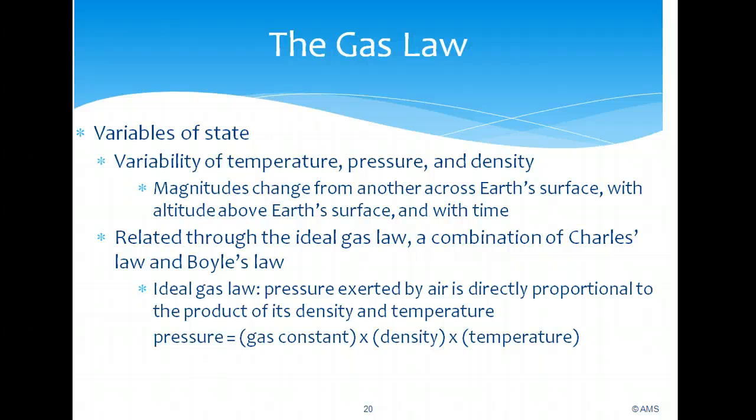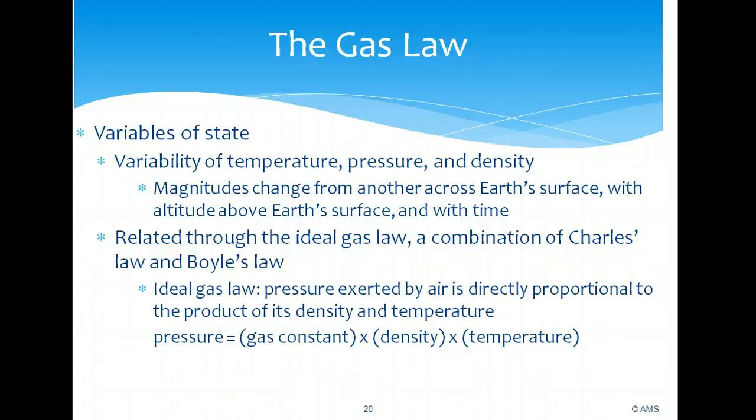Now, an ideal gas in a confined volume follows two laws exactly, Charles' law and Boyle's law, whereas a real gas, the one we're talking about in terms of the atmosphere, only approximates these laws as they will predict various situations. Let's take a quick look at the two laws.